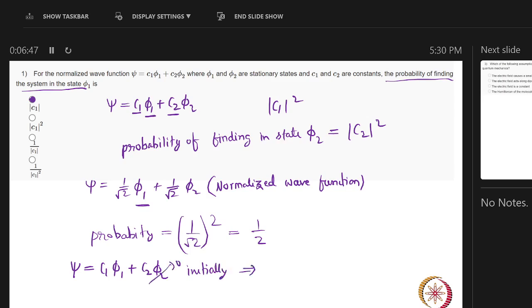So our resultant wave function will be c1 phi 1, and this coefficient will be 1. In that case we will have psi equal to phi 1, the ground state wave function of the molecule. Based on this analogy we can calculate the probability of finding it in state phi 1 or phi 2, or what the probability will be after time t, all those things.